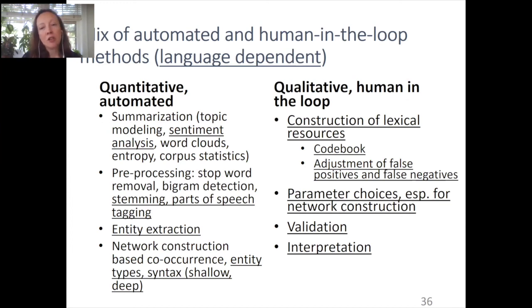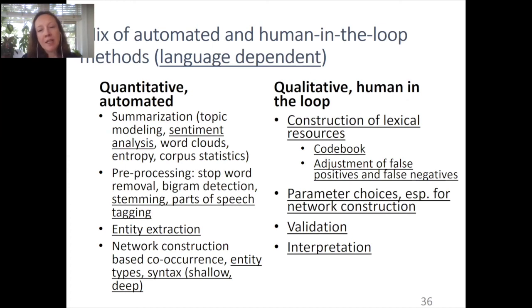For example, constructing a code book that associates text words with different types of categories you are interested in, or using human-in-the-loop processes to first, for example, generate for you a list of relevant words in your data, and then use those as a starting point in order to build a code book, and also being able to adjust for false positives and false negatives, such as words that might be meaningful in your data but not match any category you are interested in, or additional words that might be relevant if you used your codebook for new and unseen data, and that would also map categories you actually want to consider.